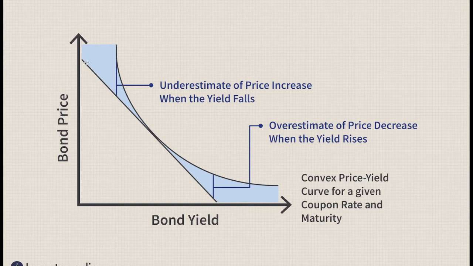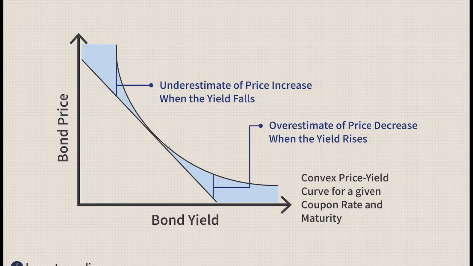So we have a tangent, a linear tangent to the curve. So when we have here the tangency point, we'll find the same result whether using the present value technique for the convex curve or the duration technique for the linear tangent, right? Now the thing gets worse when we move away from this tangency point, right?